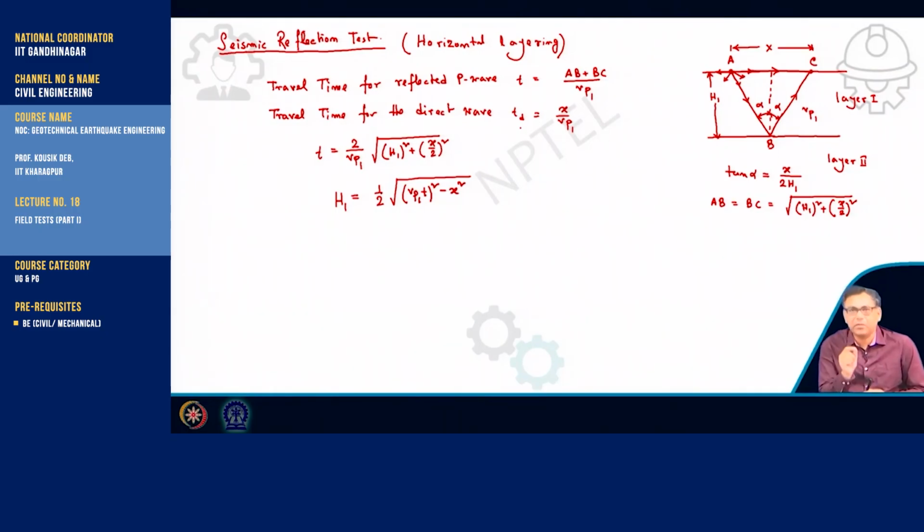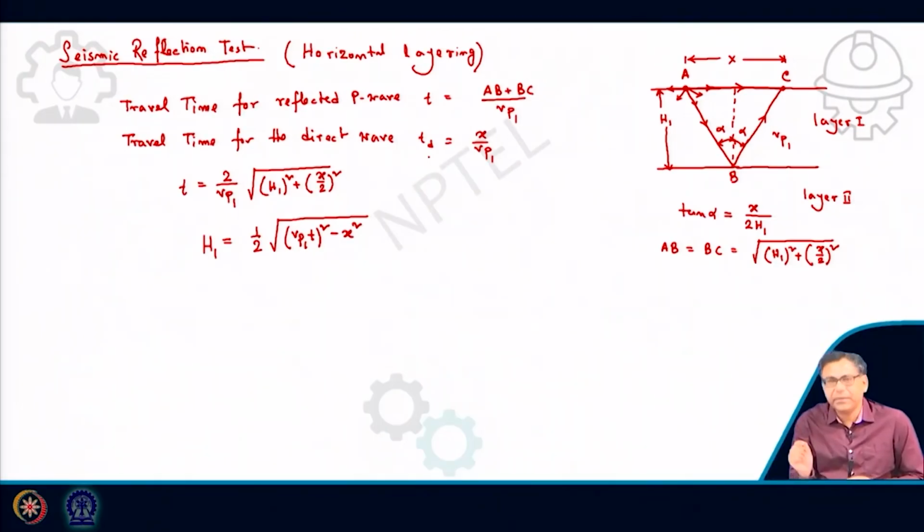How will I get it? I know at what time I generated the wave from the source, and at what time it is received by the receiver, so those two times I can know. This difference will give me the travel time of the direct wave from the source to the receiver.